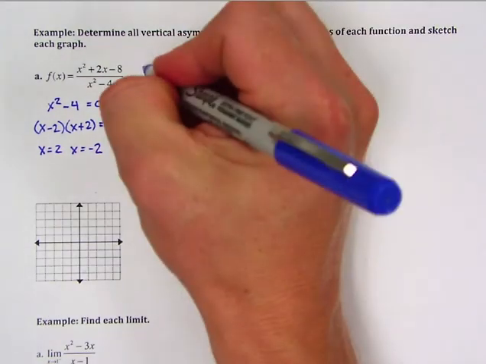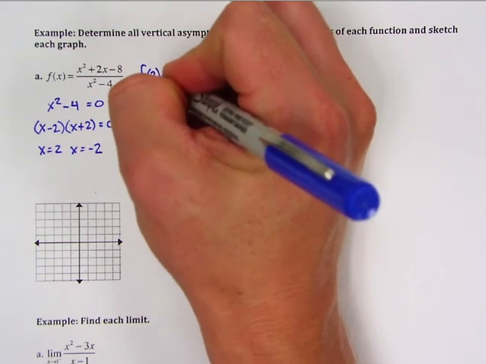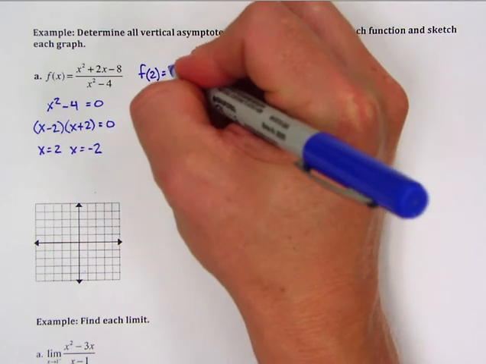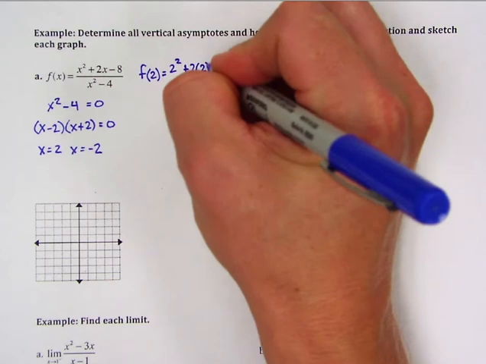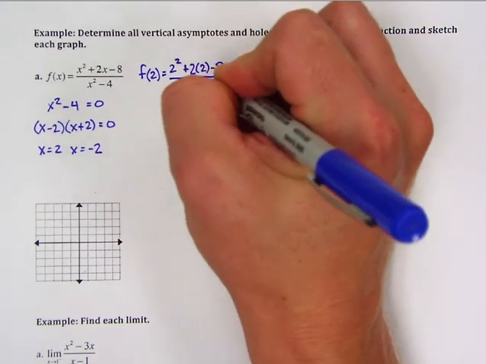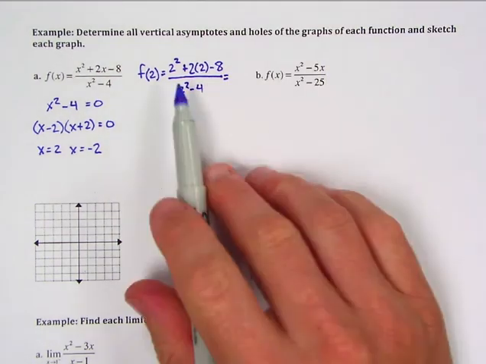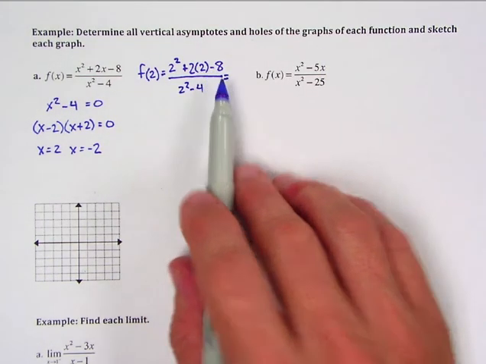And we still plug in our values here. So we want to find f of 2: 2 squared plus 2 times 2 minus 8 over 2 squared minus 4. So here we have 4 plus 4 minus 8. 8 minus 8 is 0.